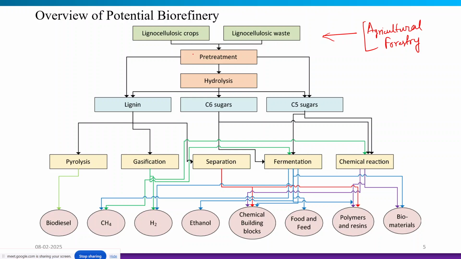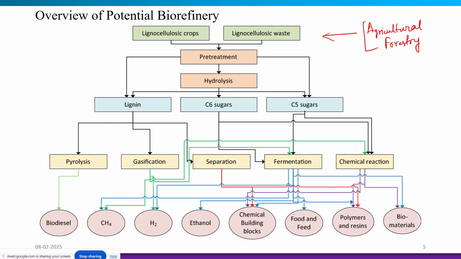So this biomass feedstock is first taken for the pre-treatment. There are various pre-treatments available. It will be discussed in the coming slides. So after the pre-treatment, some of the parts are hydrolyzed and converted to C6 sugar.